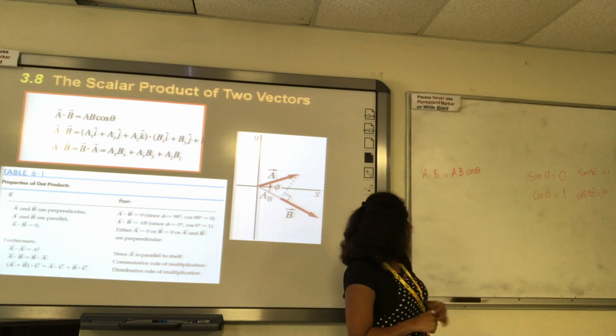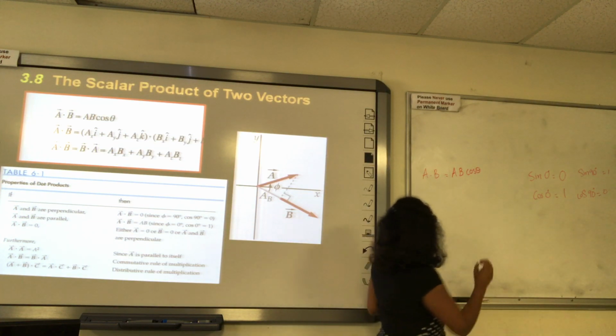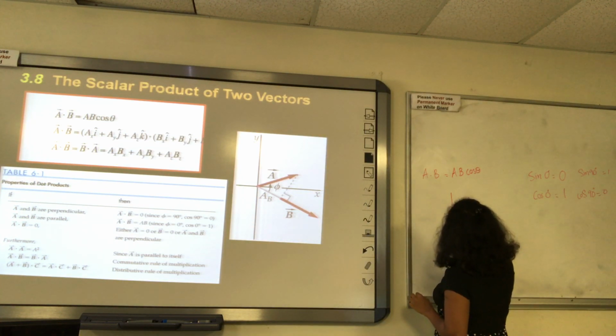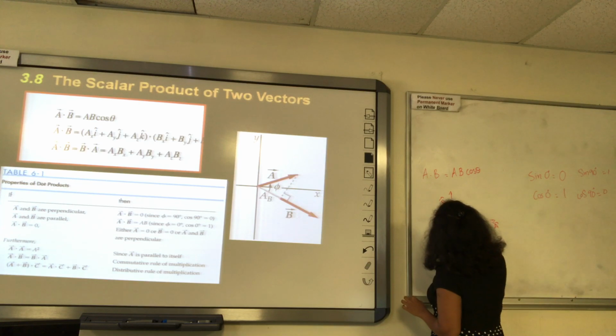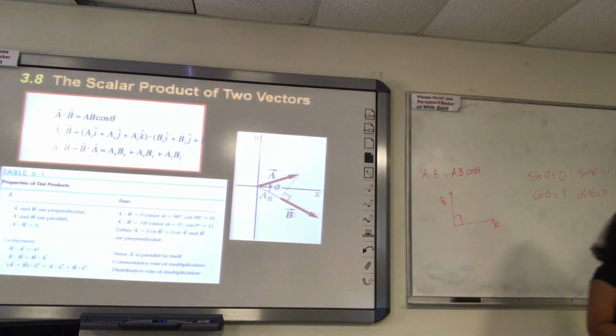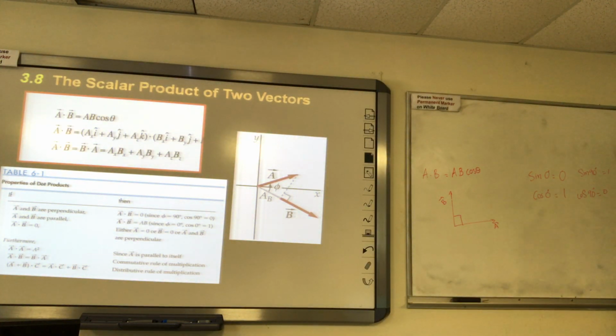If I have a vector A and a vector B, and they have a 90 degrees angle, what do you think the dot product of those two is, without doing the math? Tell me. 0, or 1, or any other number?